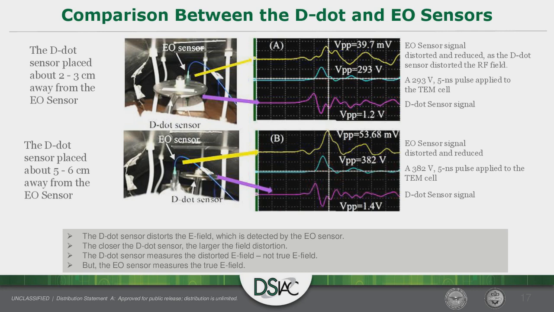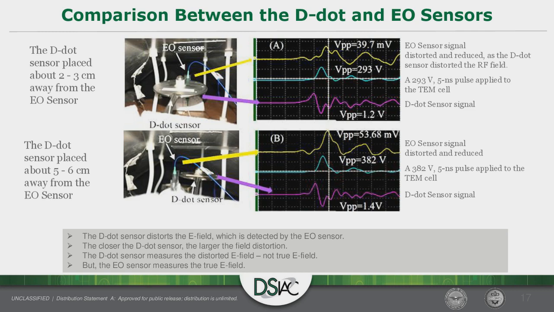Okay, so now let's compare DDOT and our EO sensors. Earlier I said if you have a sensor that contains a metallic piece or semiconductor in it, it can distort the field. Now let's see how this DDOT sensor distorts the field.